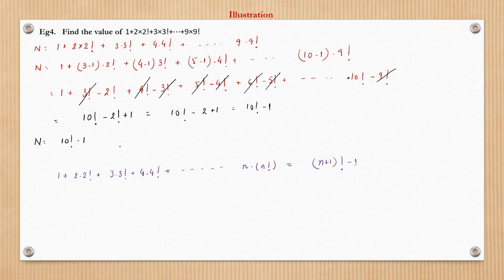This we have seen here n was 9, so the final result was n plus 1, 10 factorial minus 1. So this is a standard result also.